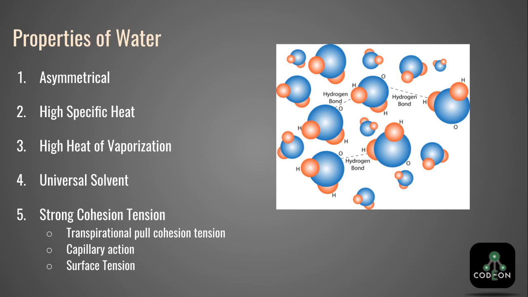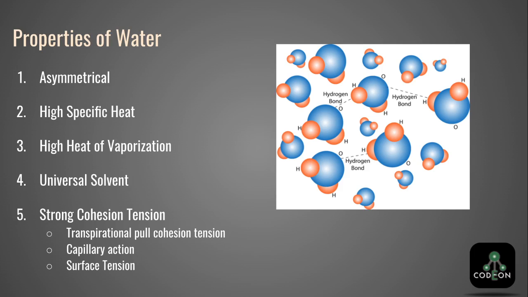And then this last one is extremely important for plant biology. It's the strong cohesion tension of molecules, so the attraction between molecules, and this will involve 3 basic mechanisms. The first one is transpirational polar cohesion tension. This is what happens when water travels up a tree from the roots to its leaves without energy, because there's such a strong attraction between the water molecules. Now, this is actually amazing, right? The second mechanism is capillary action.